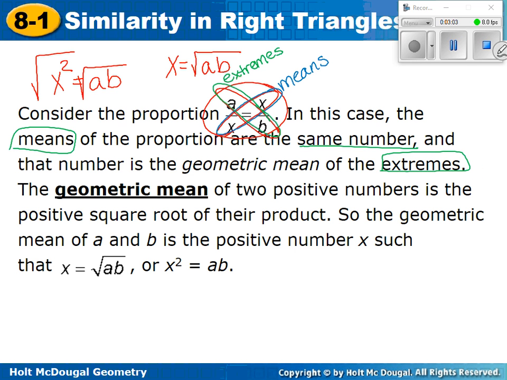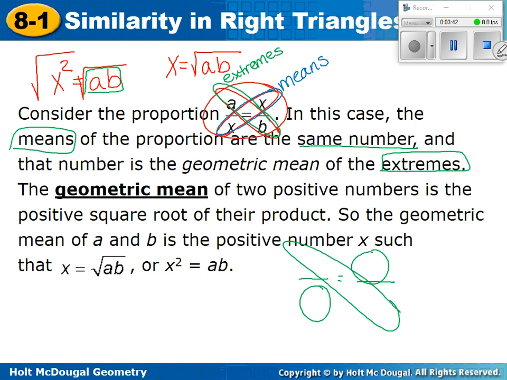So when they talk about the geometric mean, they're talking about the number in a proportion that would be the same number in those two spots. And the way you find that number is by multiplying the extremes and then taking the square root. So if I want to find this number, if it's the same number, I'm going to multiply these two numbers like we just saw, and then I'm going to take the square root to find that value. That's the definition for the geometric mean.